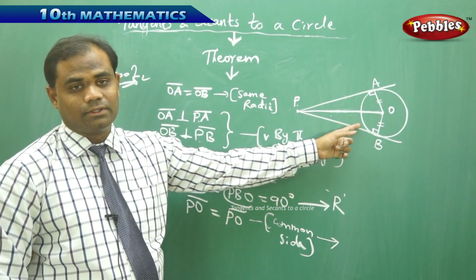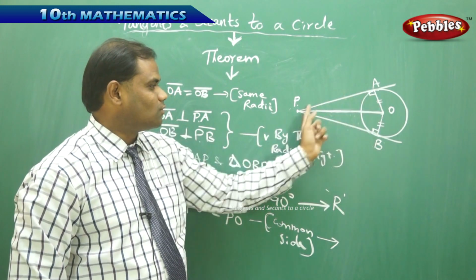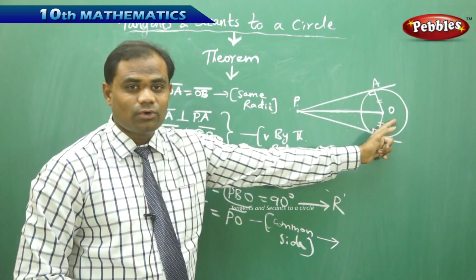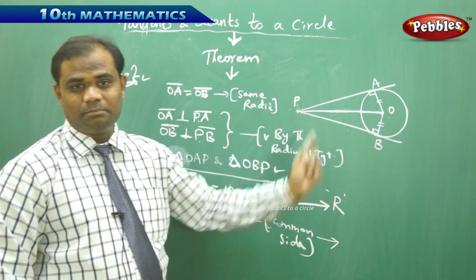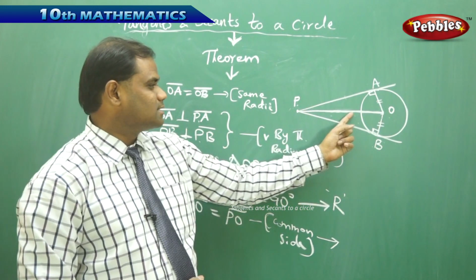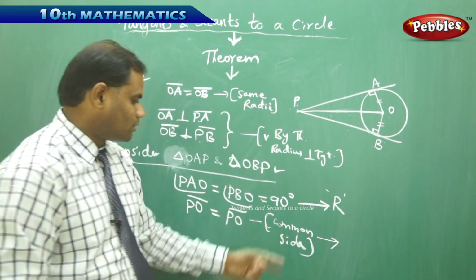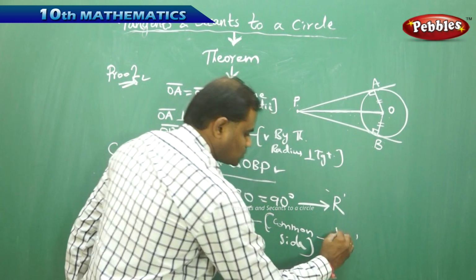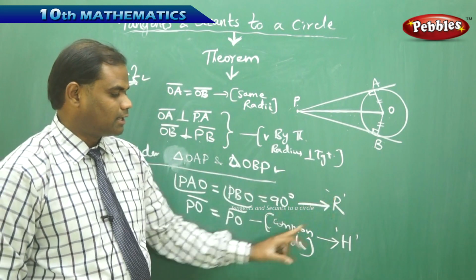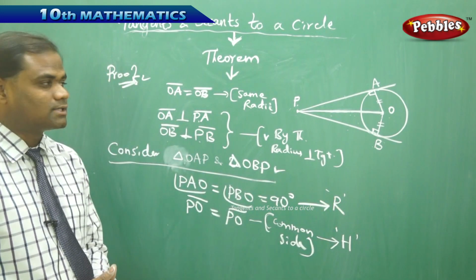So PO is the hypotenuse for triangle OAP and PO is the hypotenuse for triangle OBP, as can be clearly seen that this side is opposite to 90 degrees in either of the triangles. Therefore, this gives us the hypotenuse, right angle, hypotenuse, and let's see one of the sides.